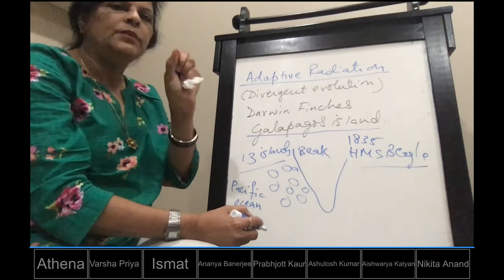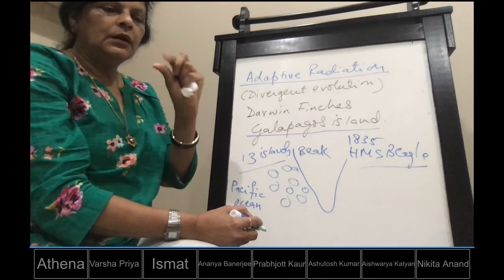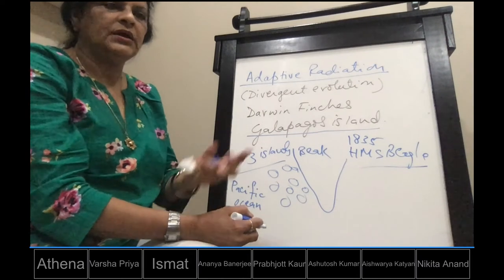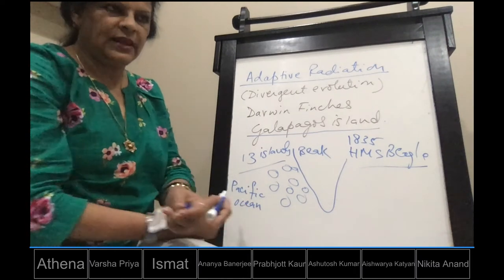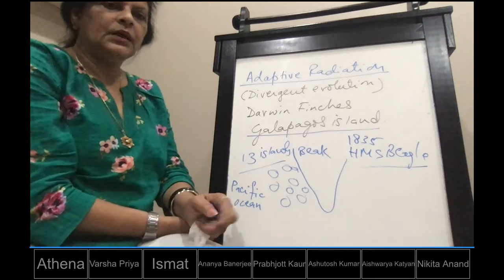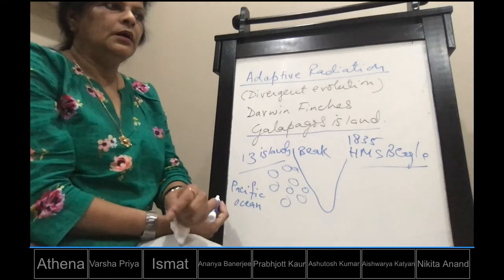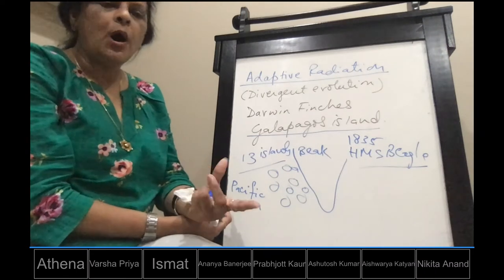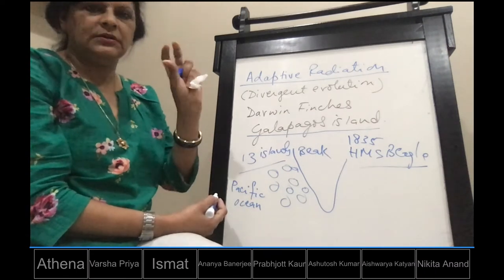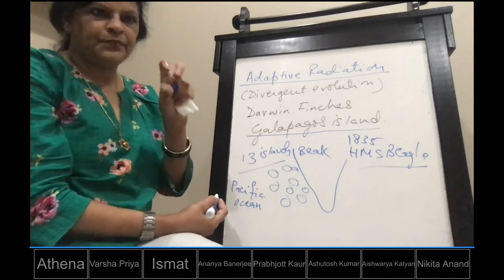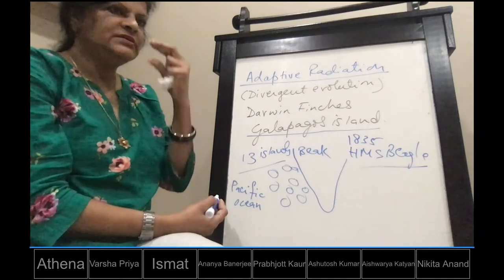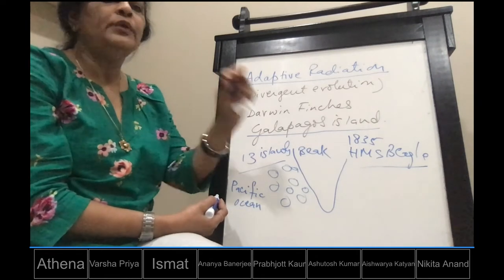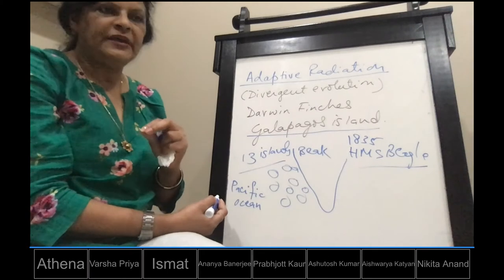It has a very small beak. Crow has a larger beak because crow is omnivorous. It can feed both on vegetable matter as well as animal matter. A vulture, a kite, a hawk, they have a hooked beak for tearing the flesh. So, what I want to tell you is the beak of the bird is adapted to the food habit, what type of food it is feeding.